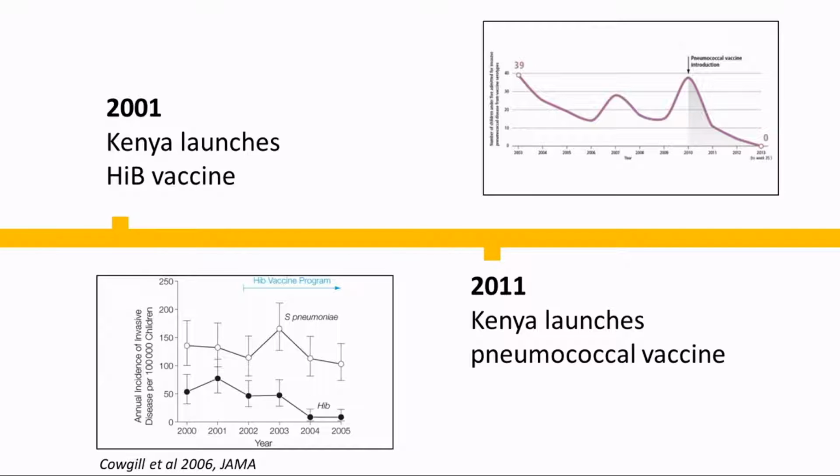And you'll remember that these were the two predominant causes of pneumonia in the earlier slides, which eventually informed the choice of treatment for children with presumed pneumonia. And there's good evidence to show that since the introduction of these vaccines, the incidence of invasive disease due to these two organisms has dropped dramatically.